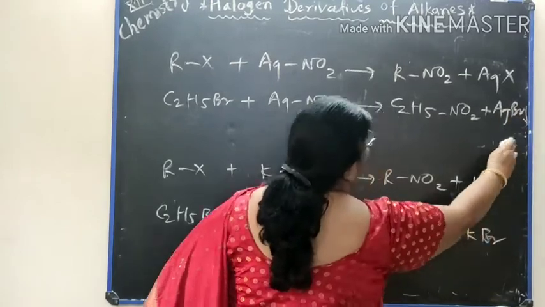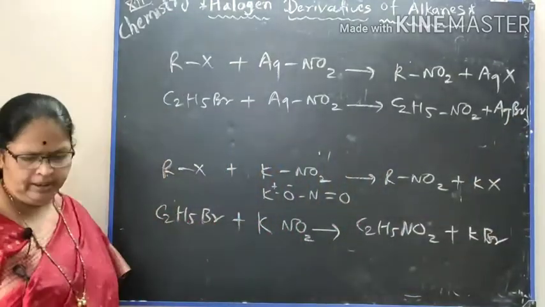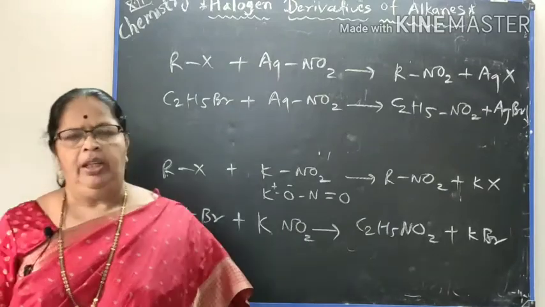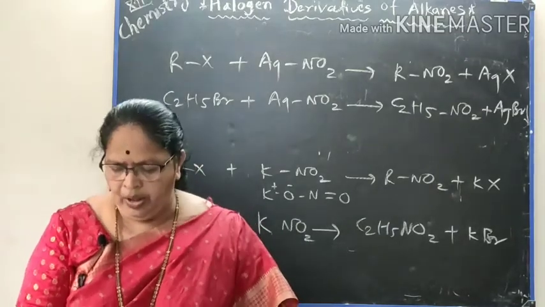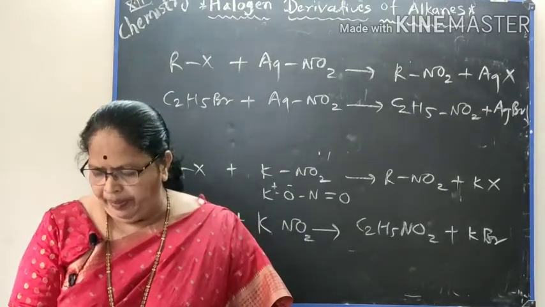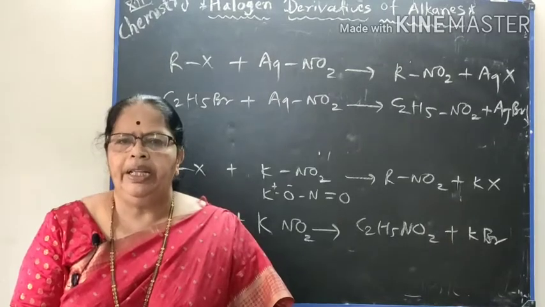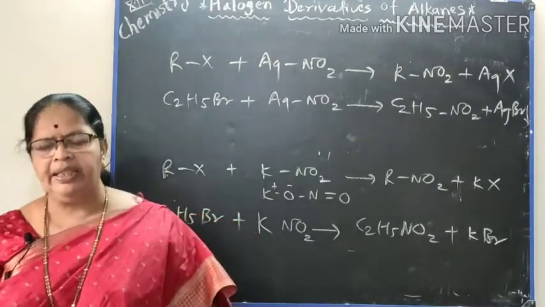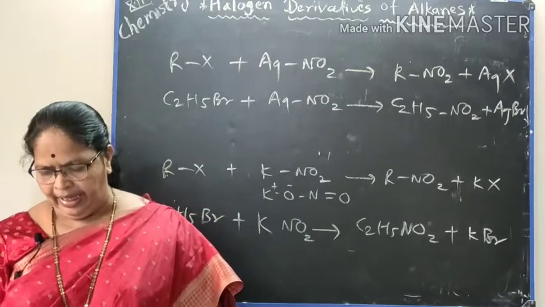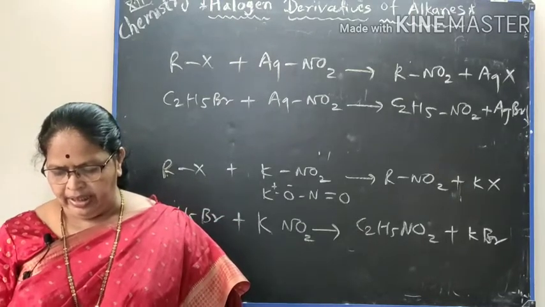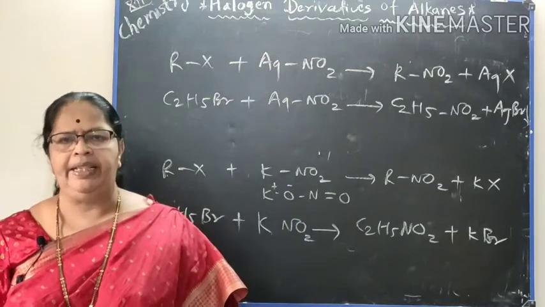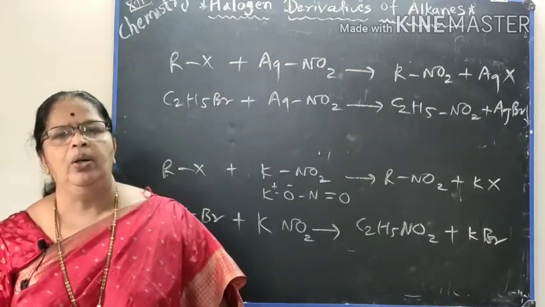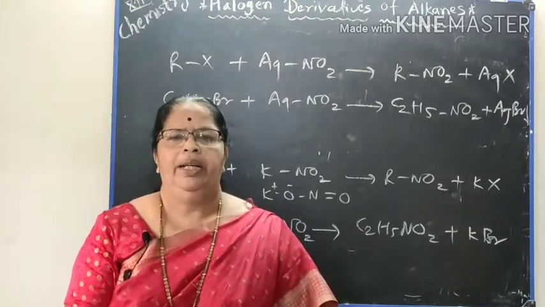Here we will get the precipitate. In this way, from alkyl halide we will prepare alcohol, ether, ester, amines, cyanides, isocyanides, nitrites, as well as nitroalkanes. Okay, thank you.